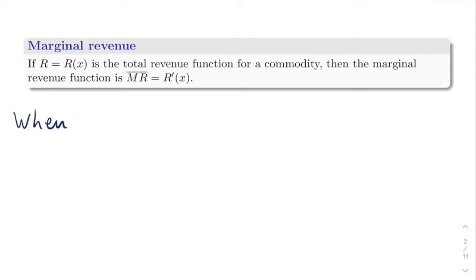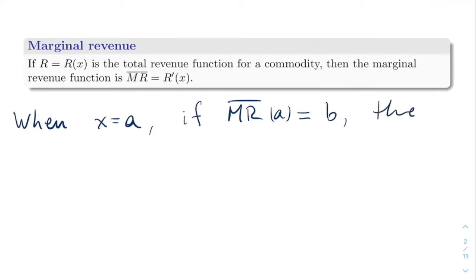When x is equal to a, if the marginal revenue of a is, let's say, equal to b, then the revenue function at 1 unit more will be approximately the revenue at a plus b.